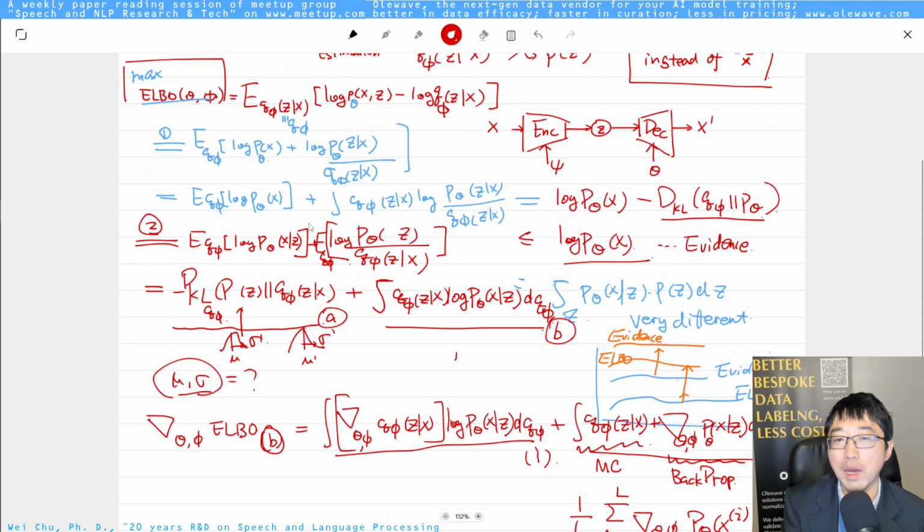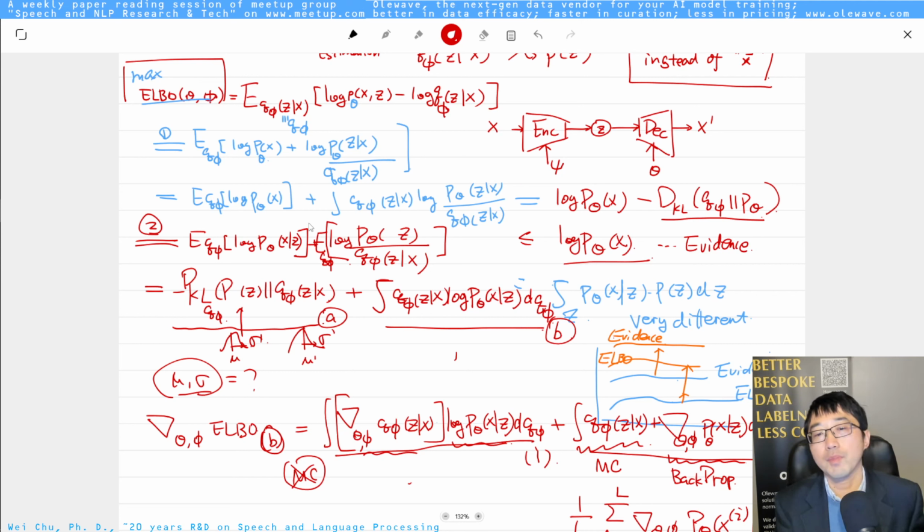I can also do back propagation, but the problem comes, then you cannot use Monte Carlo sampling because there's no distribution over here. This is a log distribution. This is a derivative of distribution, right? And the only thing you can try is that suppose the Q phi is differentiable, but no, of course it's differentiable.